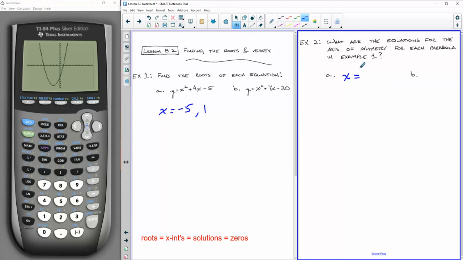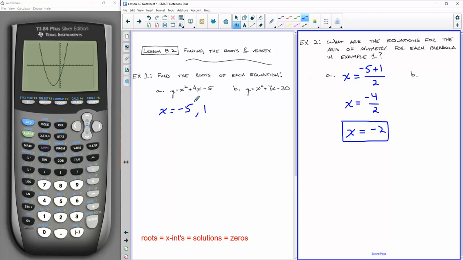We take the first intercept and the second intercept, add them together and divide by 2, because halfway between the two intercepts is the axis of symmetry. So that would be x equals -4 over 2, which is x equals -2. That's the axis of symmetry, a vertical line that runs right through -2.